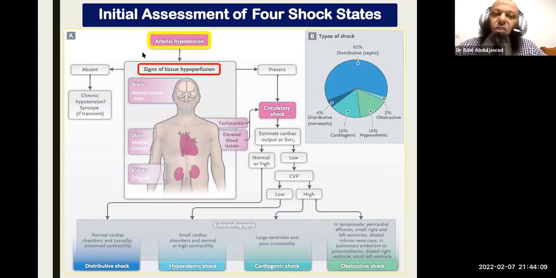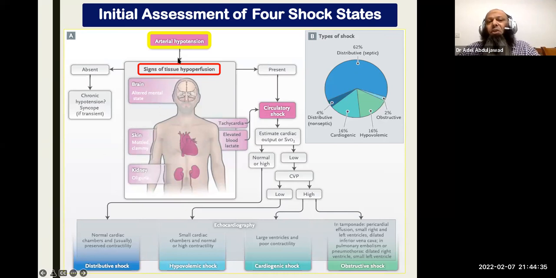First you look for clinical signs of tissue hypoperfusion in the brain, skin, kidney, and heart rate, and if you are lucky enough to have serum lactate around, you combine 4 or 5 clinical data with serum lactate.